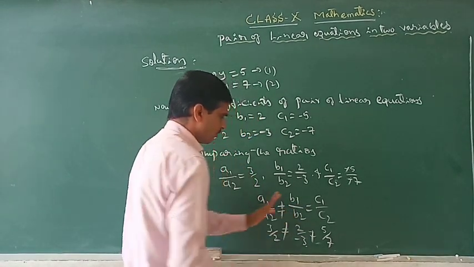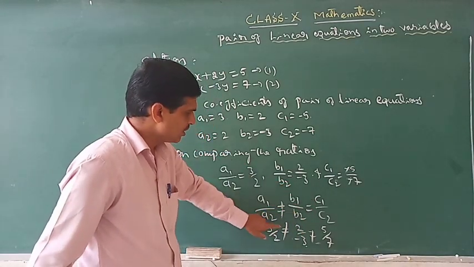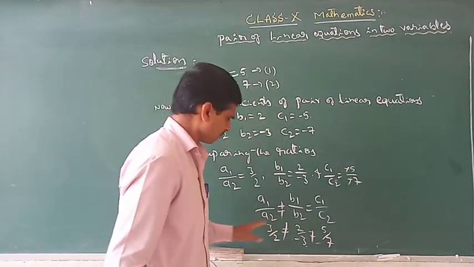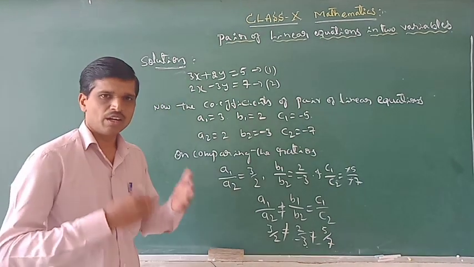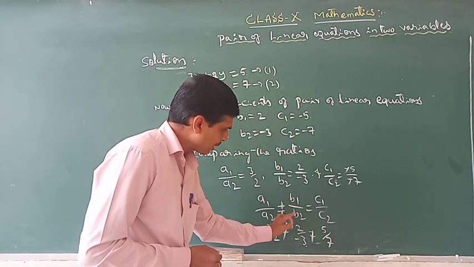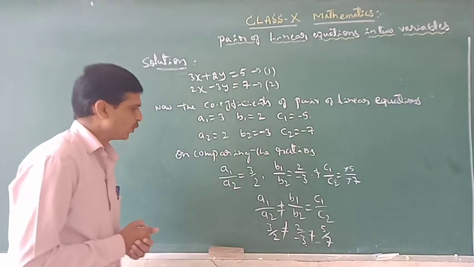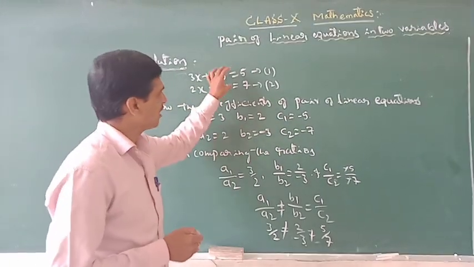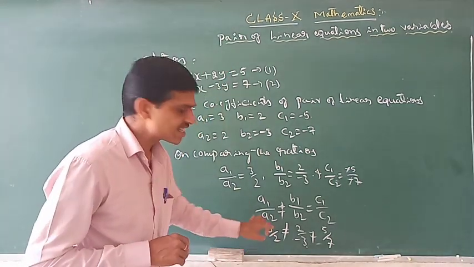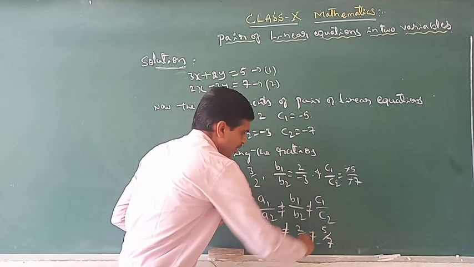We need not check the third ratio, because comparing the first two ratios already gives us the meaning. Whenever a1 by a2 and b1 by b2 are not equal, we conclude that the given pair of linear equations are what kind of lines? Yes, they are intersecting lines, because their ratios are not equal to one another.